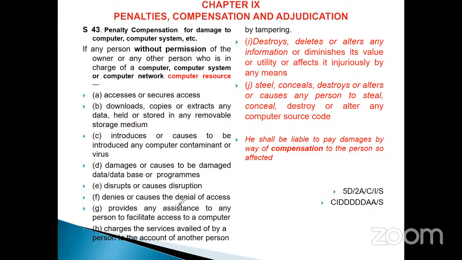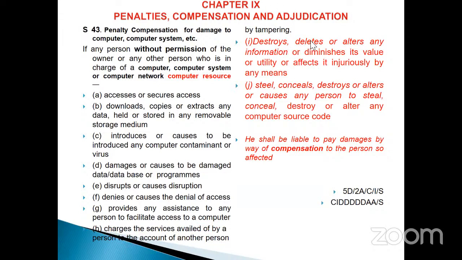So that is assisting another person. Then, charges the services availed of by a person to the account of another person. You go to a hotel, you are eating, and you ask the other person to make the payment. Similarly, in the computer environment also, the network of another person is used and you are enjoying the benefits like that.